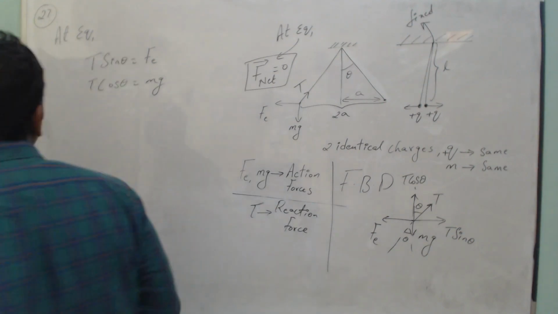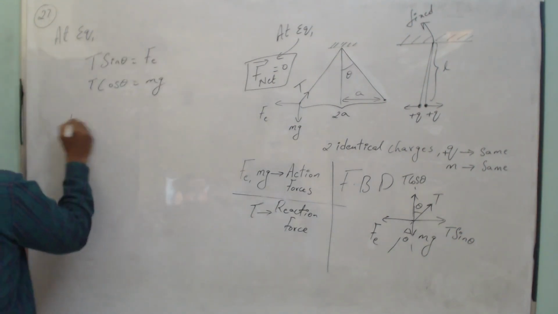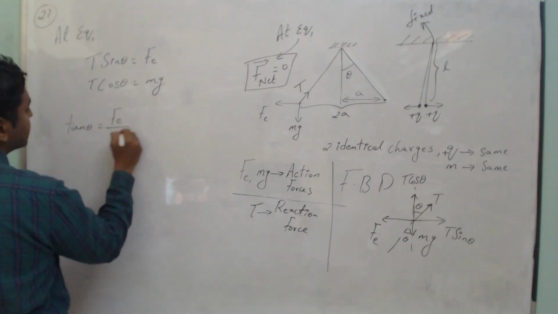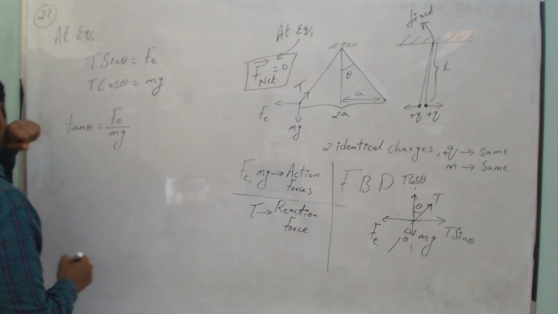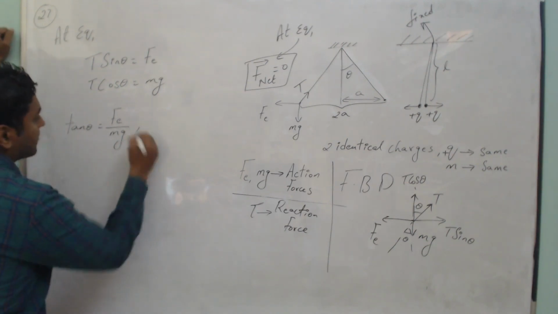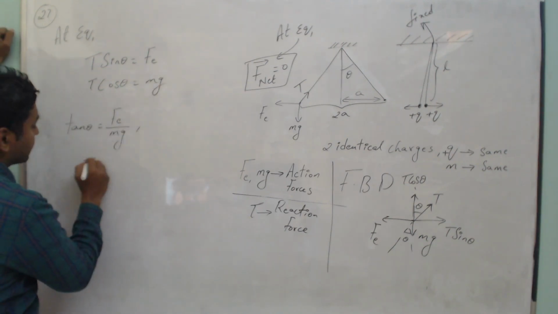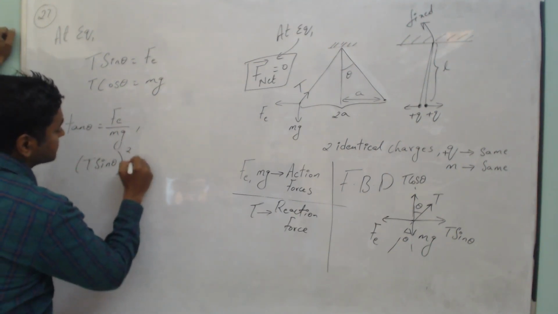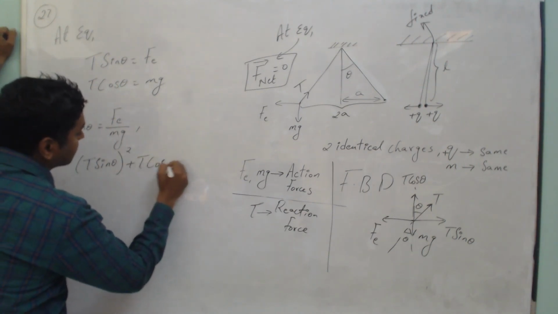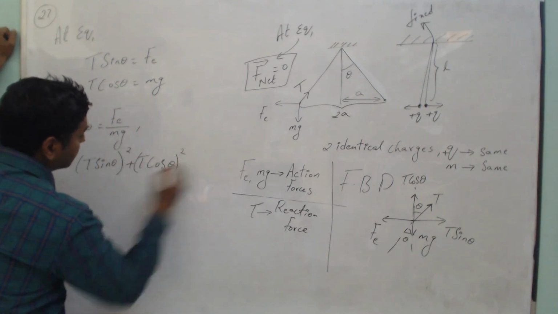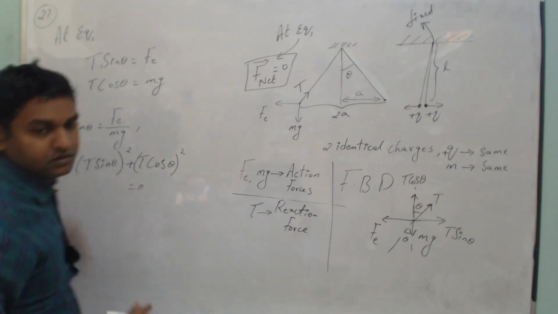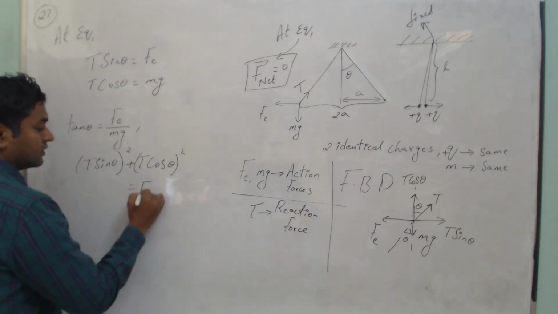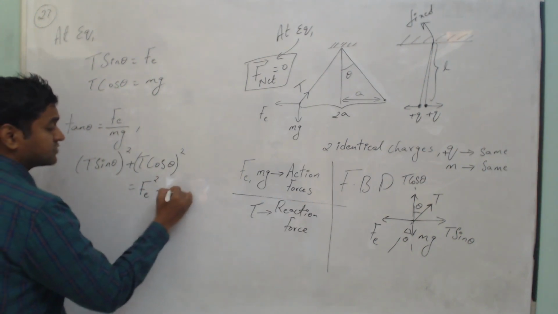So therefore, from this equation, you already know the solving of it. We can divide these equations and write tan theta as Fe by mg, correct? Or we can also square them and add, right? So if I do T sine theta whole square plus T cos theta whole square, it will be Fe square plus mg square, correct?